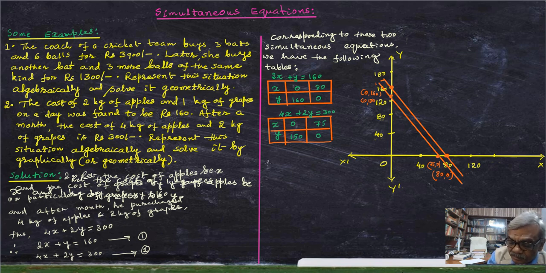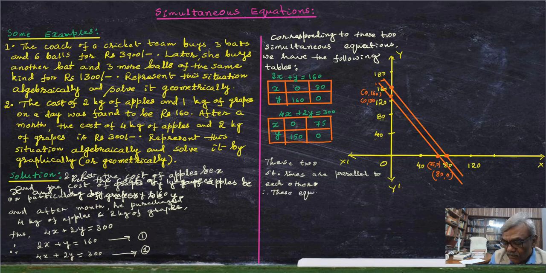We will see here that these two straight lines are parallel to each other, and therefore these equations are inconsistent.